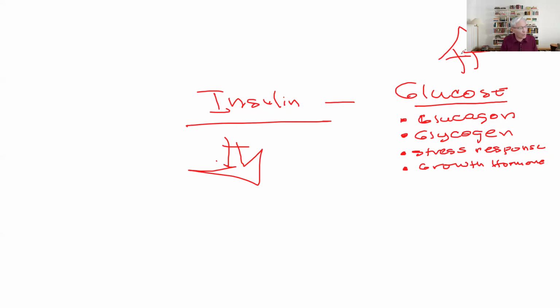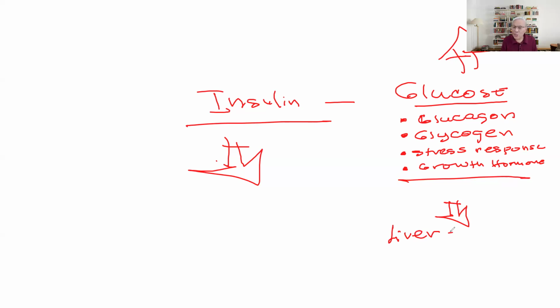All right. So when there is not enough glucose, actually the body can compensate for that. So let's say that there is a decrease in glucose, and the body can now compensate for that by breaking down glycogen that's stored in the liver.